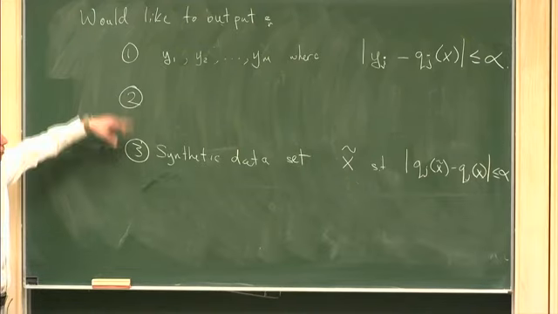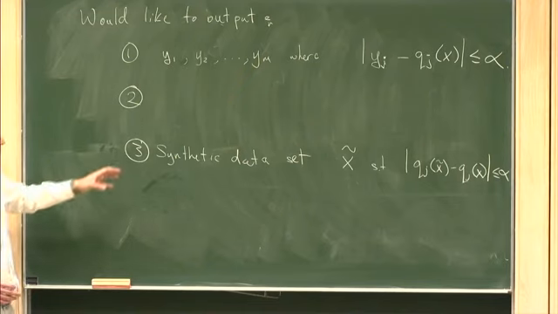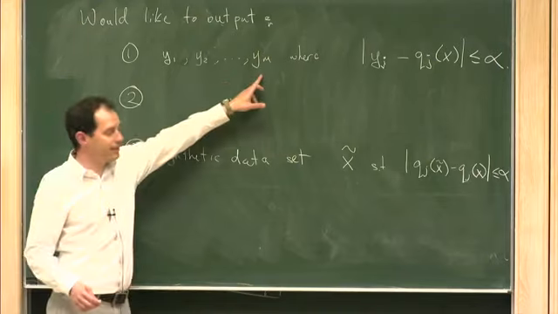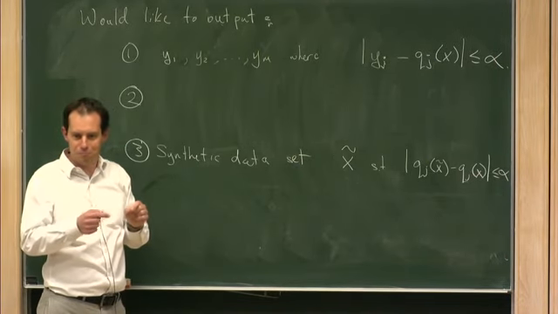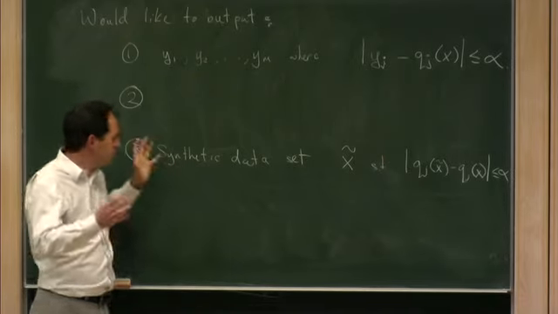And there's something in between these two, where I could output some sort of weird data structure that allows you to answer any query you want, but is more compact than this thing, though not necessarily an actual synthetic data set.